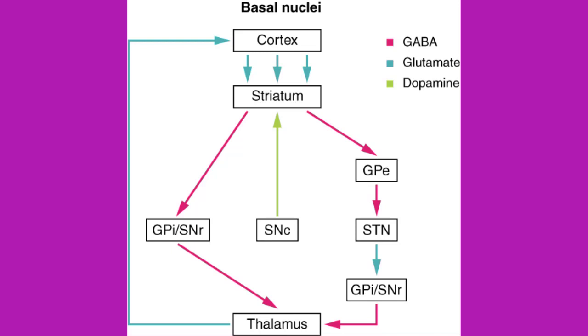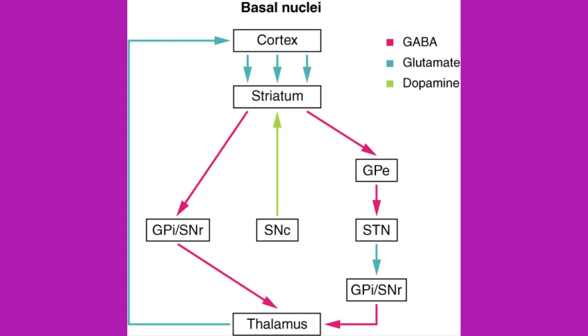Two streams of information processing take place in the basal nuclei, and all input to the basal nuclei is from the cortex into the striatum. The direct pathway is the projection of axons from the striatum to the globus pallidus internal segment, or GPi, and the substantia nigra pars reticulata, or SNr. The GPi and SNr then project to the thalamus, which projects back to the cortex.